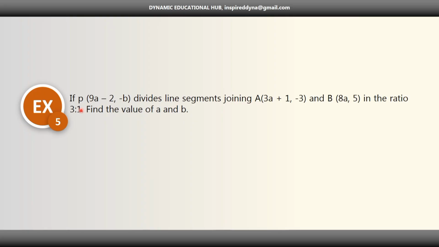Now before we jump into solving this question, let me explain some terms here. In this question you can see that we have P, and P is a point. The coordinate of P is given, the x coordinate and the y coordinate. Now look at the x coordinate.